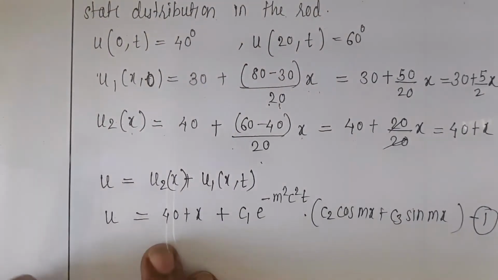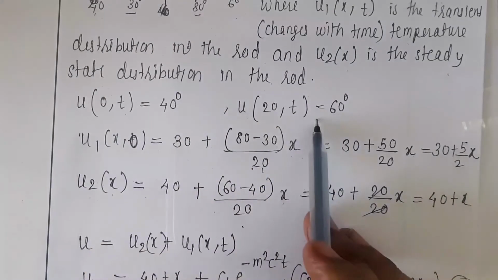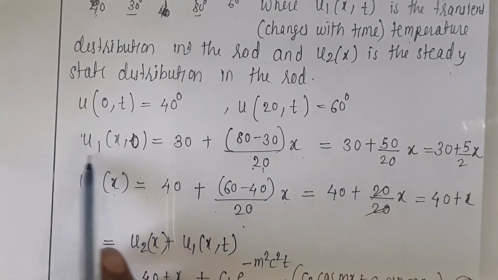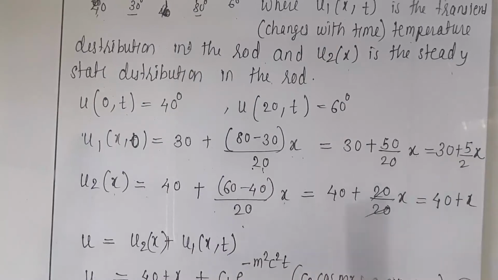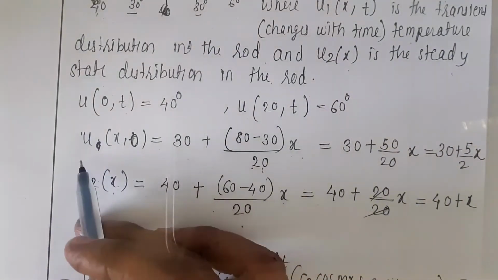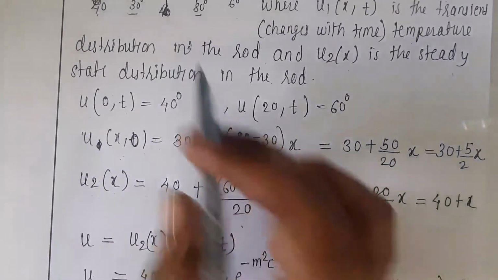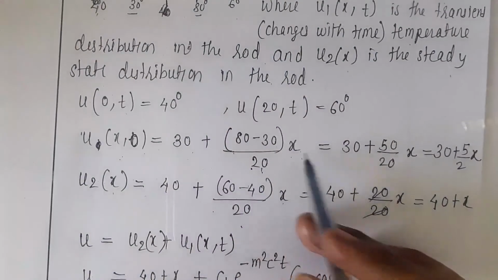Now to this equation we are going to use these three conditions, first, second and third. That is u of x,0. This is not u1, this is u of x,0. U of x,0 means initial condition. Initial condition is 30 plus (80 minus 30) divided by 20 into x.